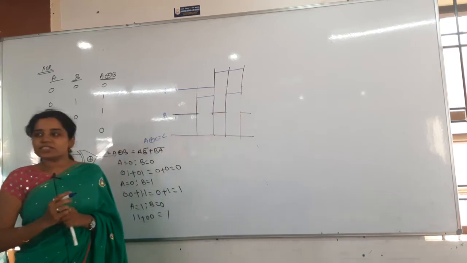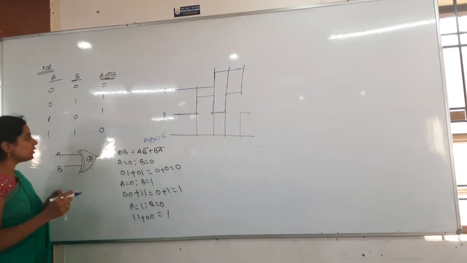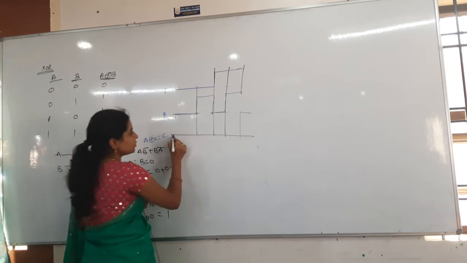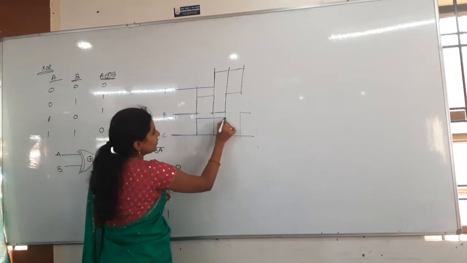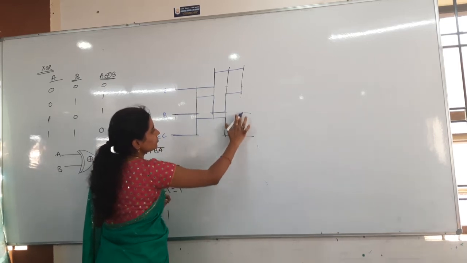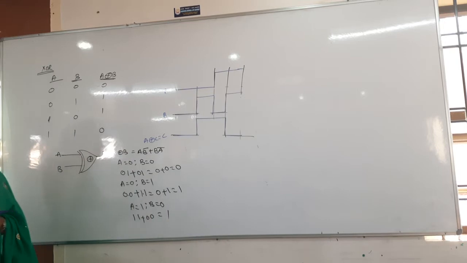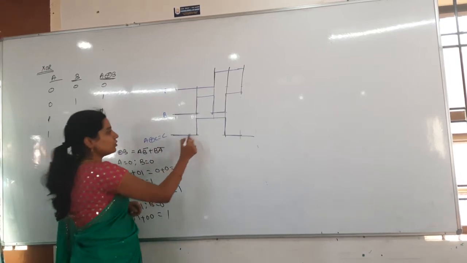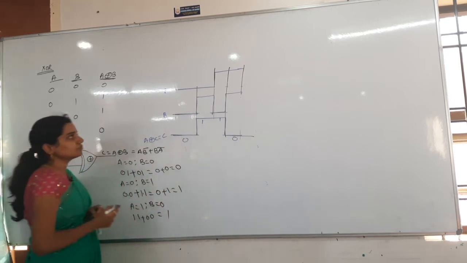Next, C is what here? C is 0 1 1 0. That is the output you will get: 0 1 1 0.